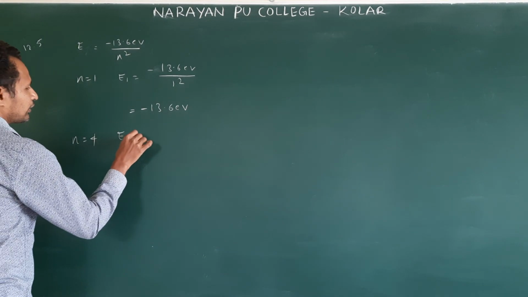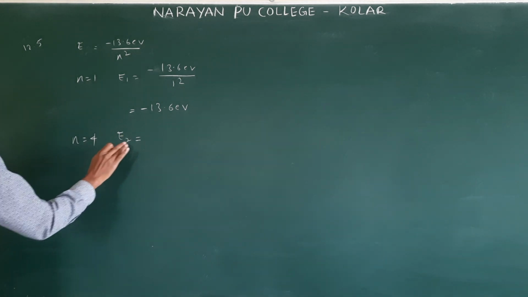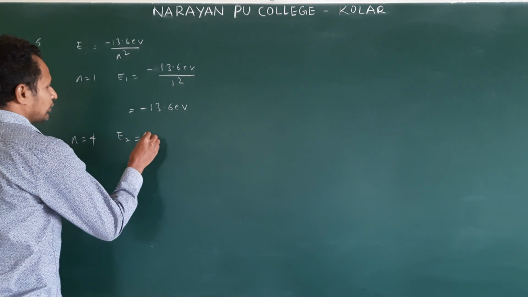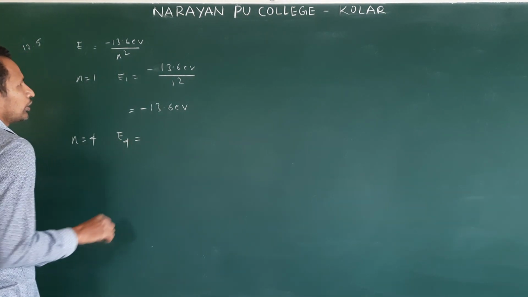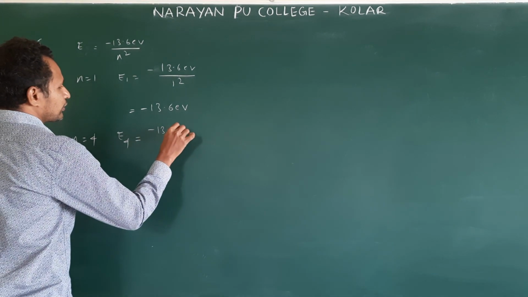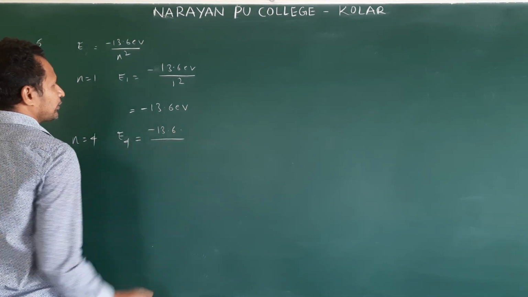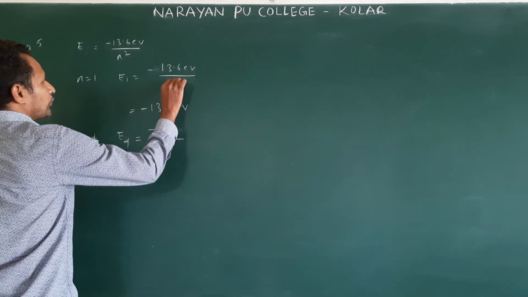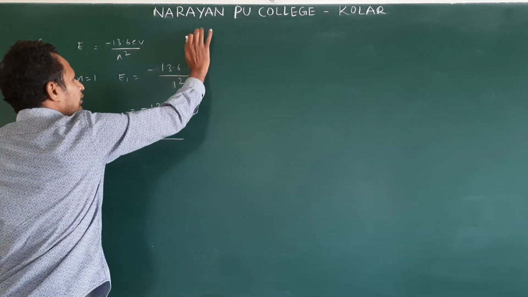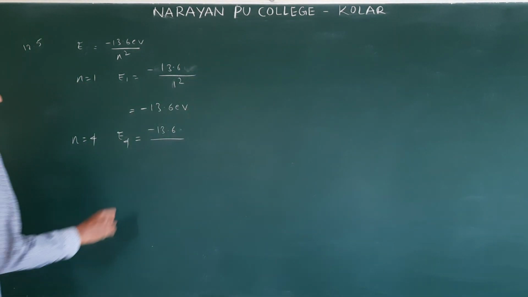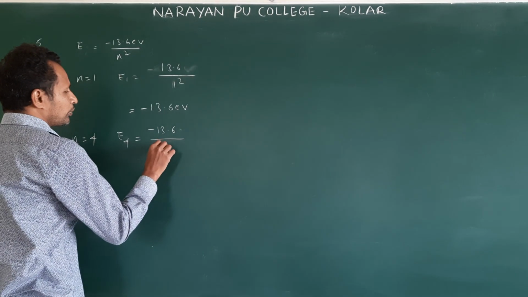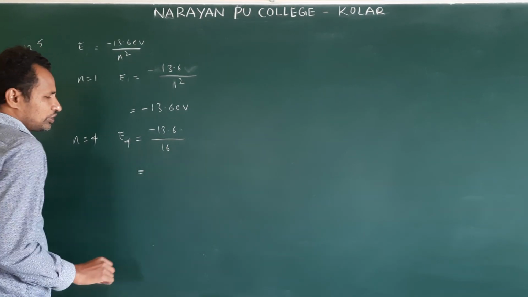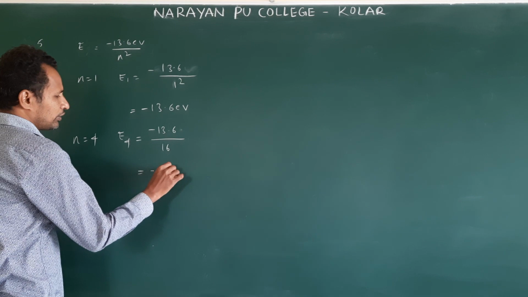Then the energy of the fourth state, E4 is minus 13.6 by 4 square, means 16.